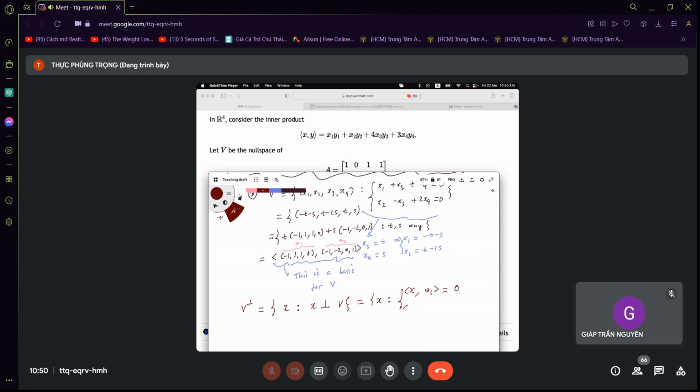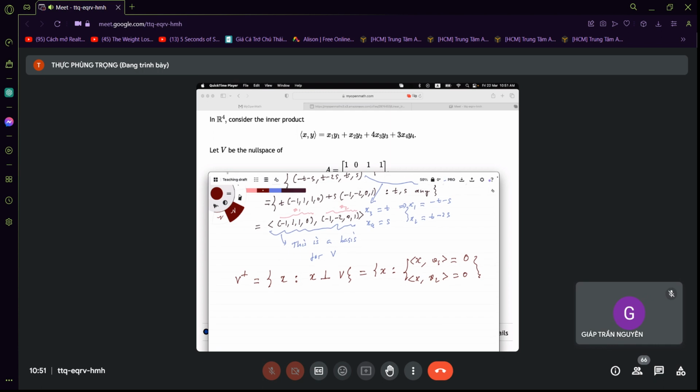Because if a vector is orthogonal to a basis, it's orthogonal to the whole space, right? Because you can write any vector in V as a linear combination of V1, V2. Therefore, you have S orthogonal to the whole space V. So, all right, from here we can get the answer. So let's say S is S1, S2, S3, S4.